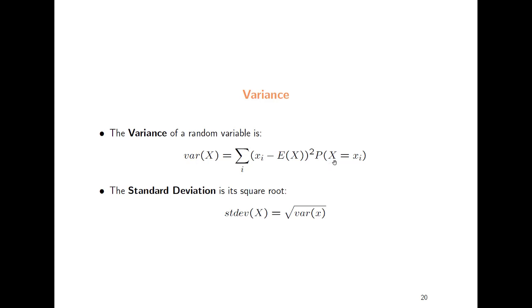So the variance is high if there's a lot of variation across the mean, and the variance is small if the variation around the mean is quite small. Another important thing is the standard deviation, which is the square root of the variance, because the variance as a number is sometimes difficult to interpret, but the standard deviation is sort of a distance, so you have a feel for how much the scattering is around the mean value.